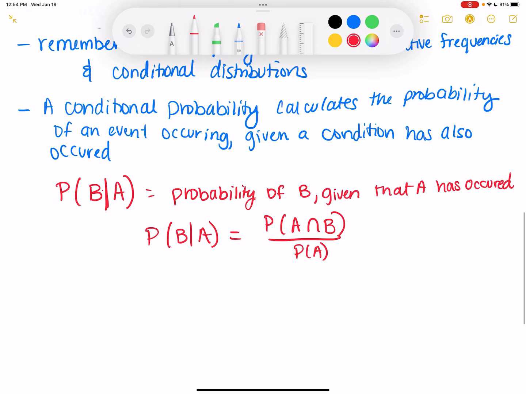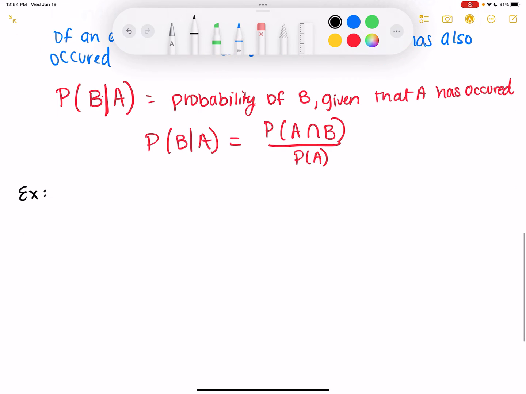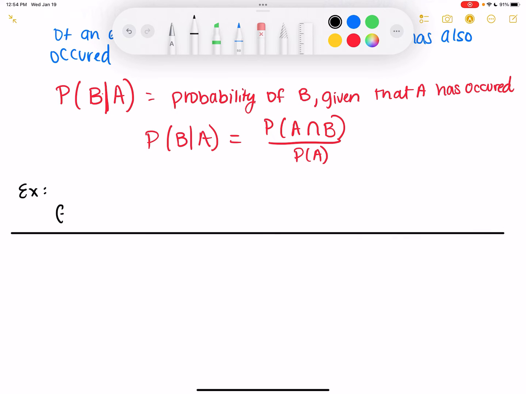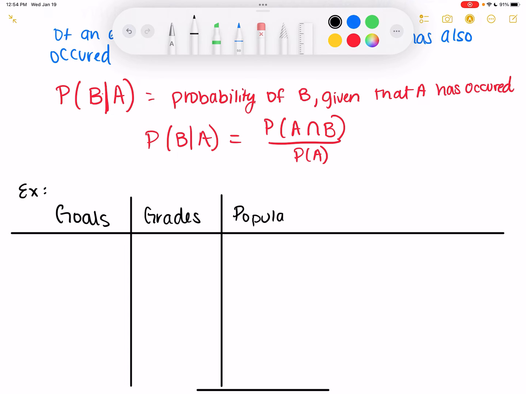So we can look at an example of this one too. We're going to make a table with 5 columns, 4 rows. Make the line straight now. It's okay. So we're going to have goals. We're going to have grades. We're going to have popular.